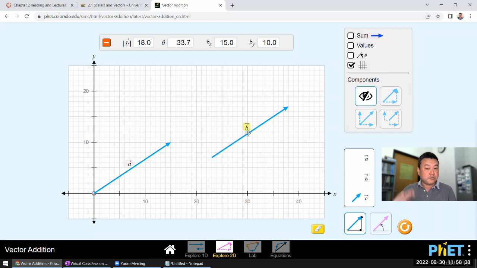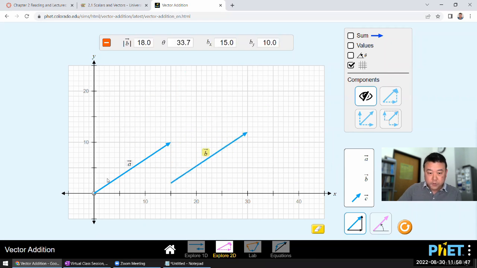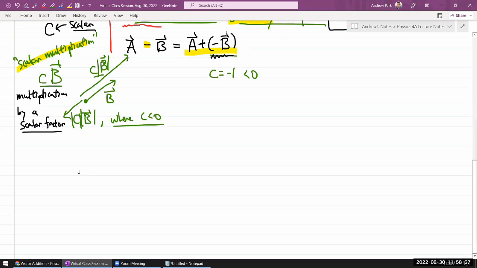We treat them the same, even when they are moved off and translated from each other. So I wanted to point to that so that you have something to play with and generate additional examples for yourself. Let me just do the remainder by hand.